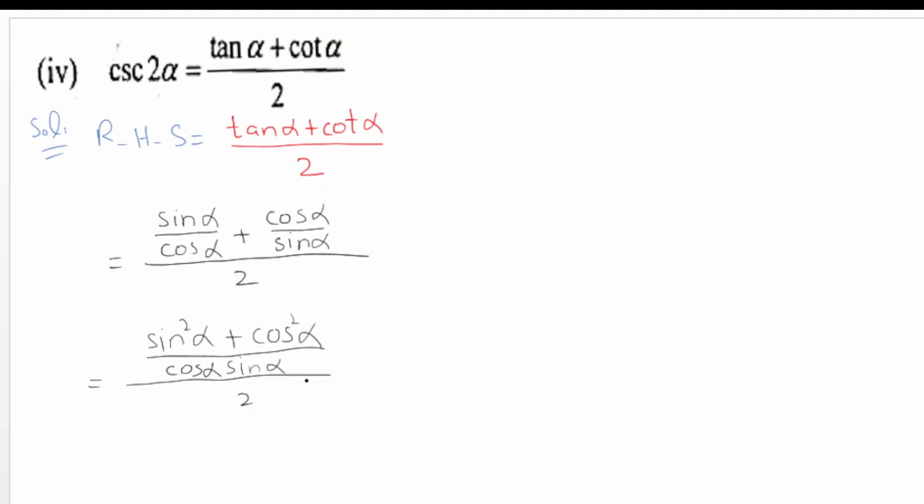We know that sine square alpha plus cos square alpha will equal 1. So that will be, let me write on the other side, this is the main fraction, 1, and down, what should we write here? Cos alpha and then sine alpha, and then 2 here. You know that.